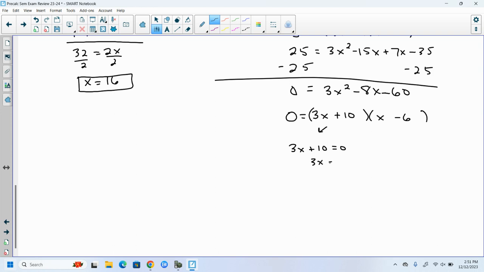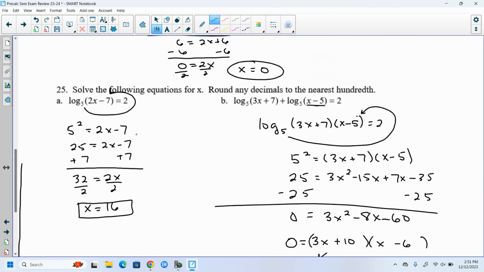And I get 3x equals negative 10. X equals negative 10 thirds. And then x minus 6 equals 0. X equals 6. All right, we absolutely have to check back in the original when we plug them in. Will either one of those answers give me a negative?